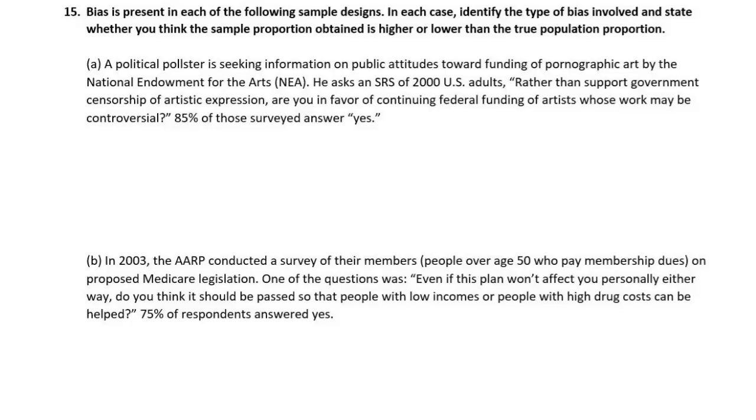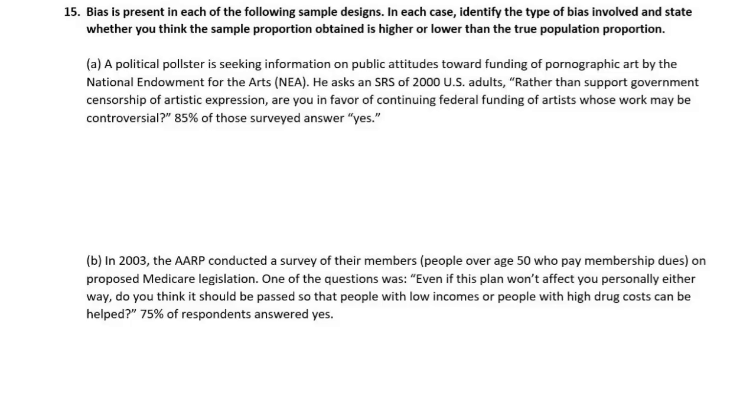All right. It says bias is present in each of the following sample designs. In each case, identify the type of bias involved and state whether you think the sample proportion obtained is higher or lower than the true population proportion.